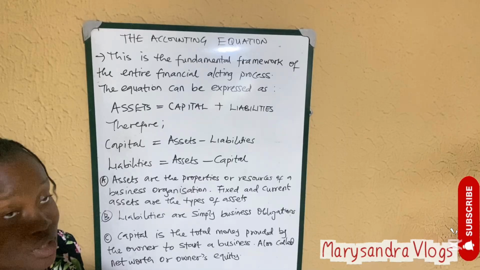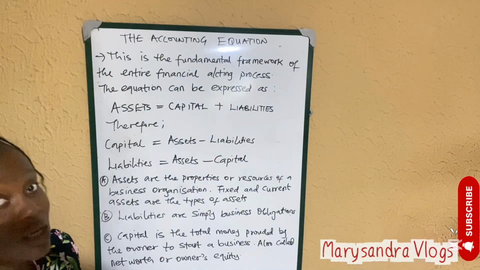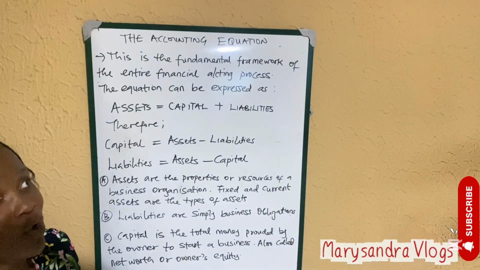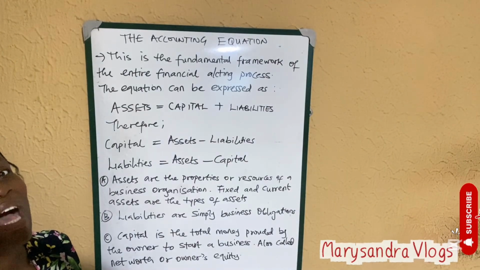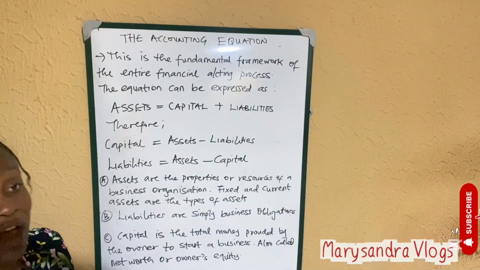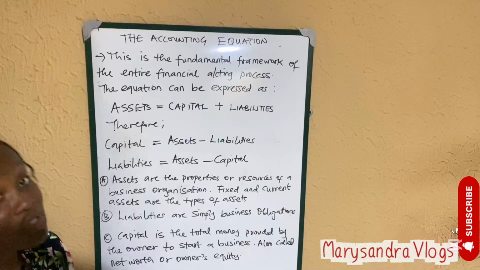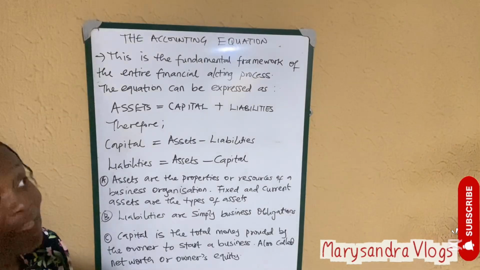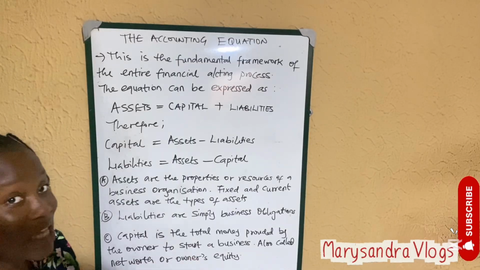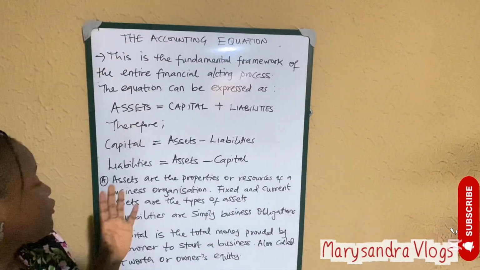If you're an owner of a building, of course, it doesn't expire in a space of 1 year, or even it can span as much as 5 years and above. So those are called fixed assets. We have buildings, we have furniture and fittings, we have motor vehicles, we have land on its own also is a fixed asset.